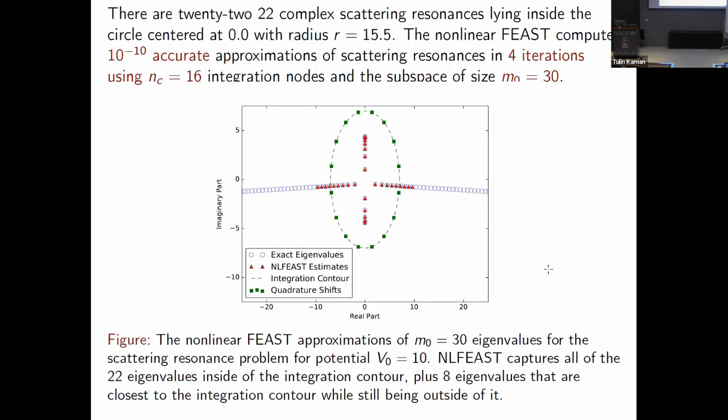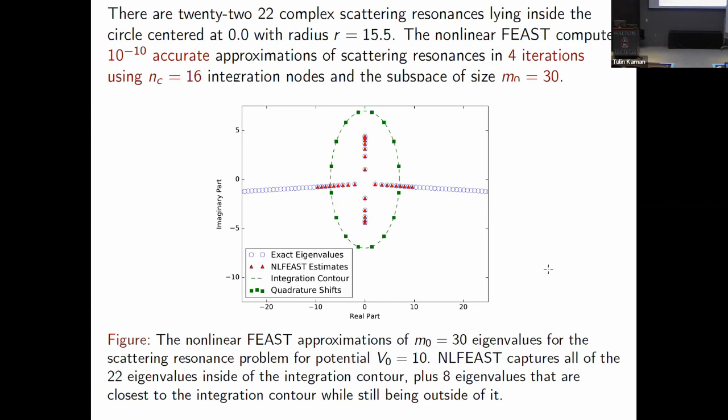But what we were interested in was to find eigenvalues in very particular regions. So we took a circle as our contour, and we want to determine all the eigenvalues inside. There are 22 complex scattering resonances lying inside the circle, which is centered at 0 and has radius r equal to 15.5.